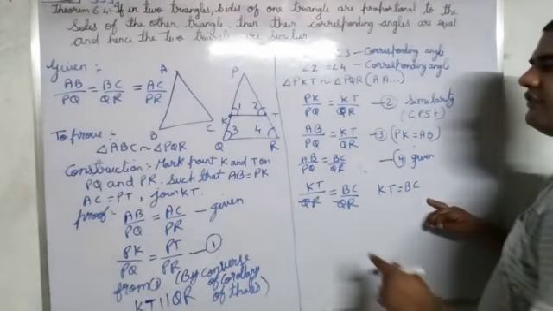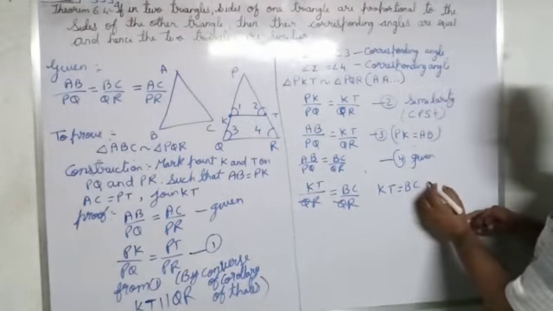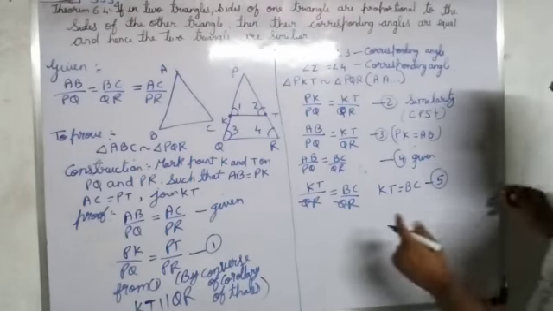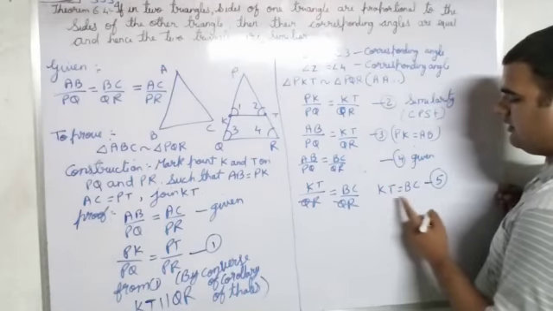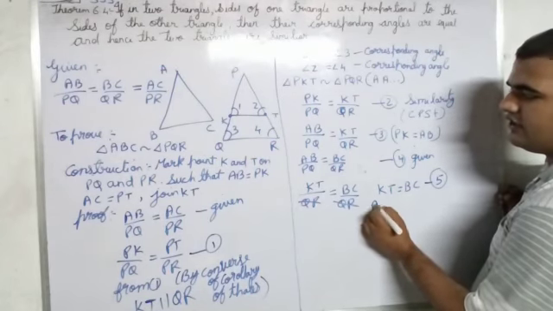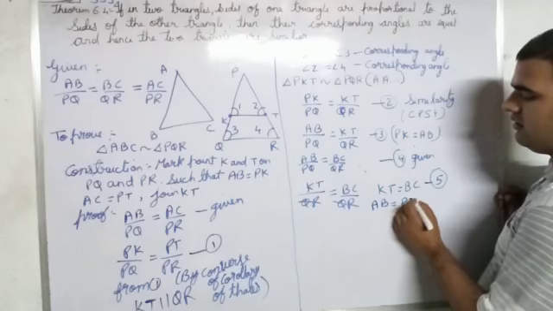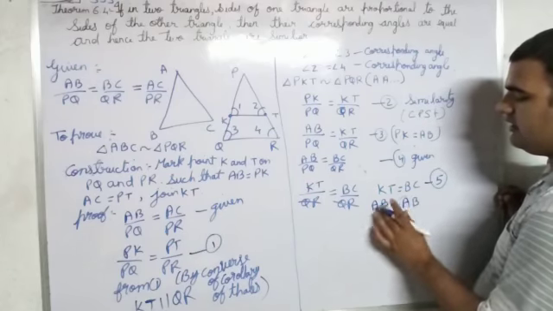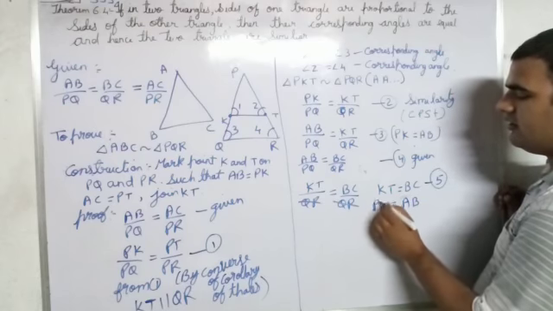Now name this as 5. Next, what will you write? Construction only: AB equals PK. It will be in reverse order, AB this side and PK this side.